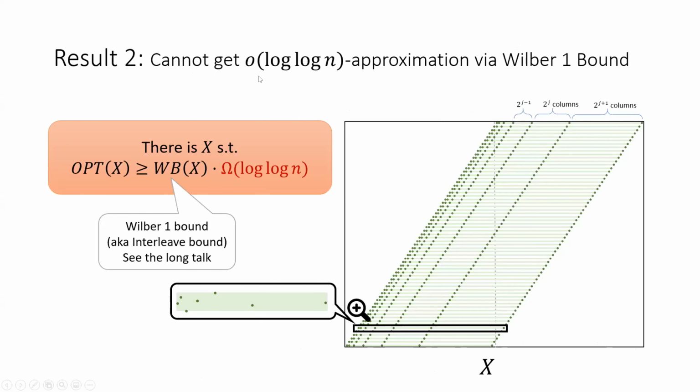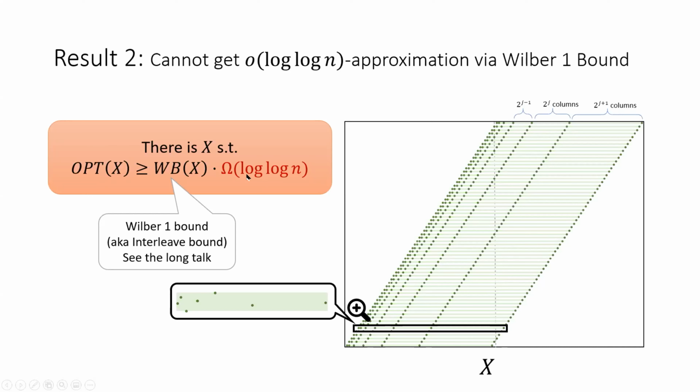The second result is about showing that there is a barrier for going beyond log n for the known approach. I don't have much time to really define what it means, but we get this result by showing that there is some instance X such that the size of the optimal solution for X is much larger than the known lower bound, which is called the Wilber bound.